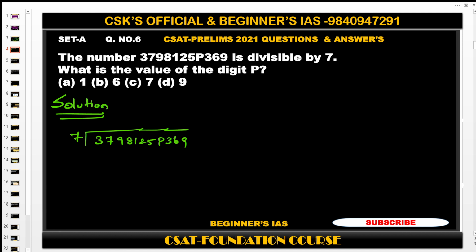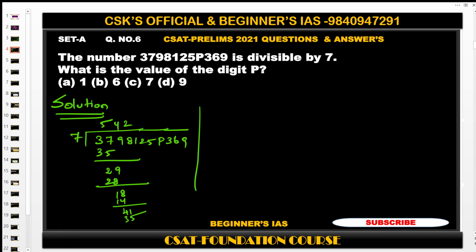So divide this by 7. Five times 7 is 35, here 2, then 9. Four times 7 is 28, so 1, 8. Two times 7 is 14, then 41. So then 35.